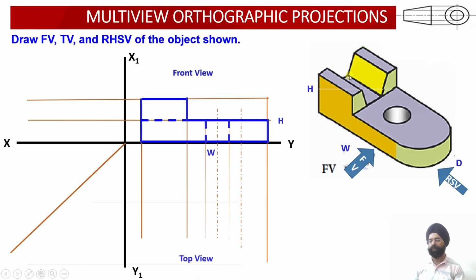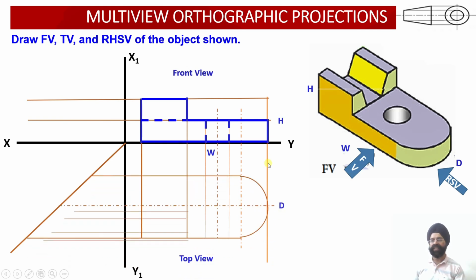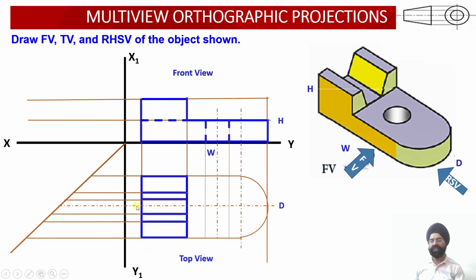Now let us view this object from the top. From the top, this is a slanting surface. One rectangle will be there corresponding to this web, one rectangle over here corresponding to this web.